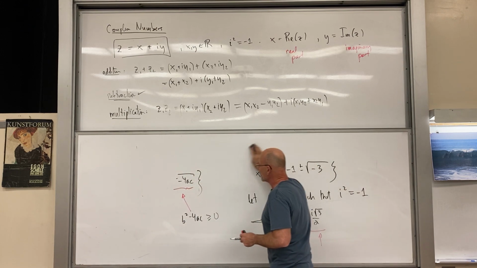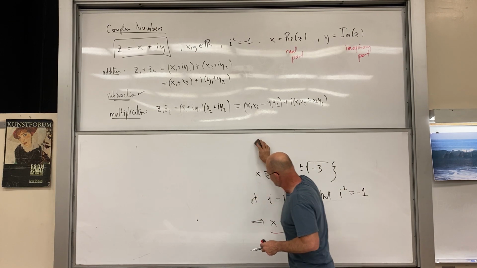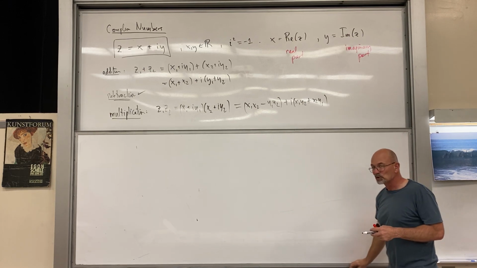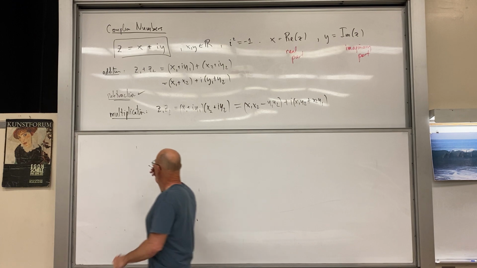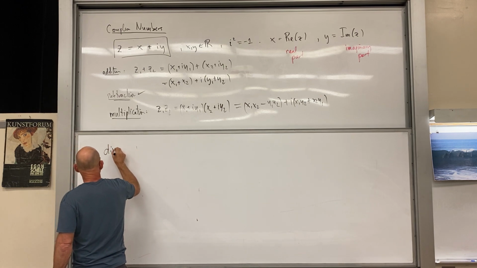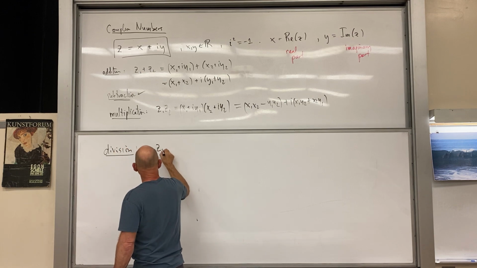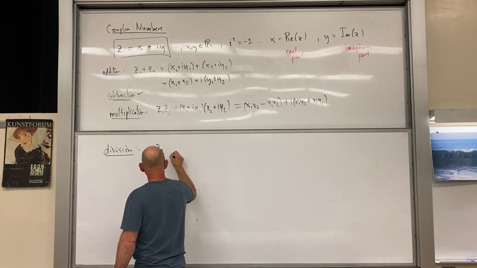So we're just doing our arithmetic operations. And we see they kind of get progressively more complicated. Division. We're going to have z1 divided by z2.